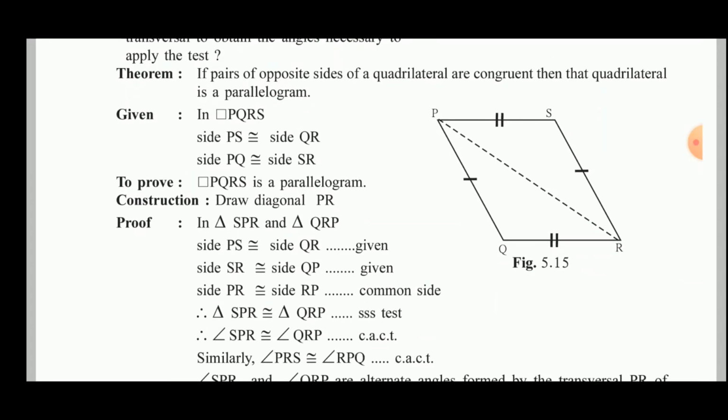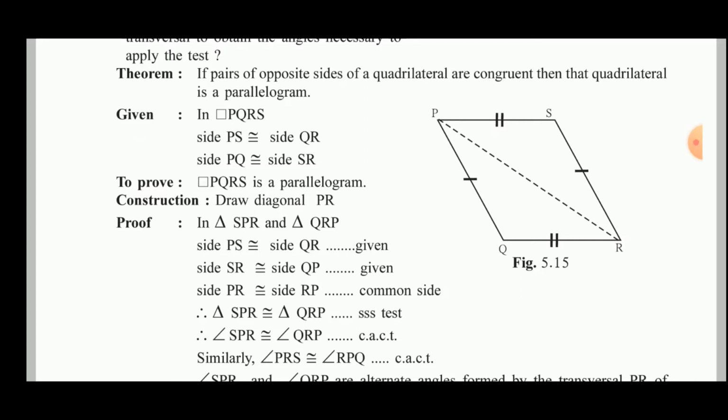Now, draw the diagonal PR and consider triangle SPR and triangle QRP. Side PS is congruent to side QR. Side SR is congruent to side PQ. And side PR is the common side.